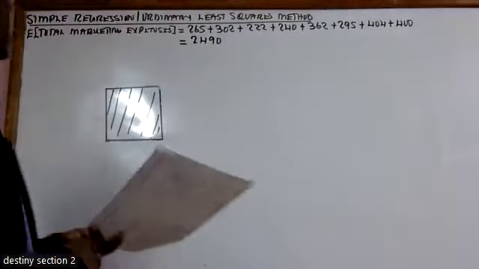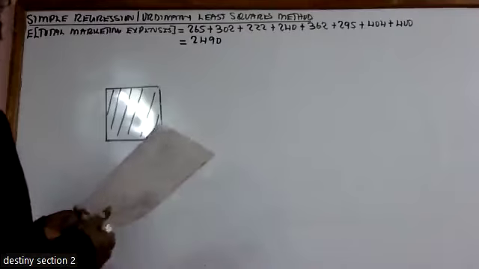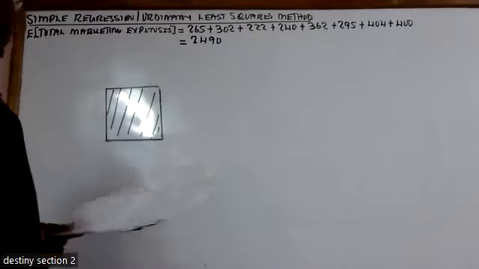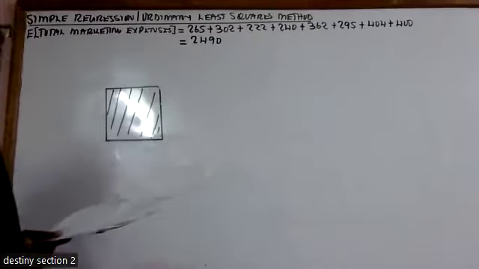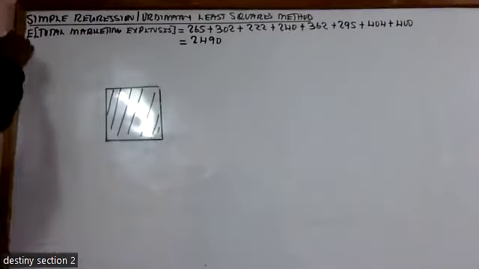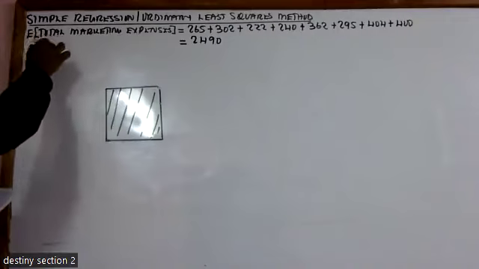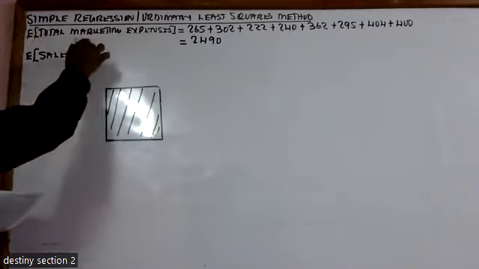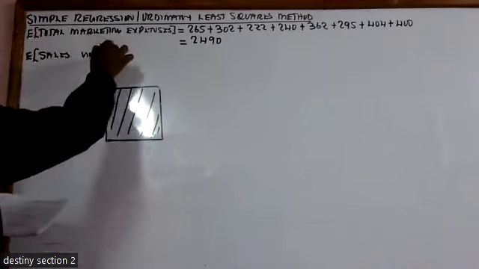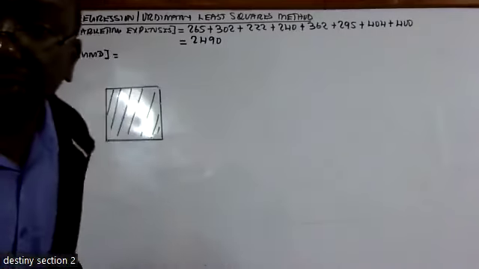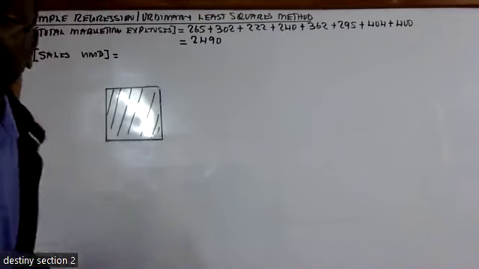So if we are going with the table, we already know the sum of sales units. The sales units, we have found it to be 188.